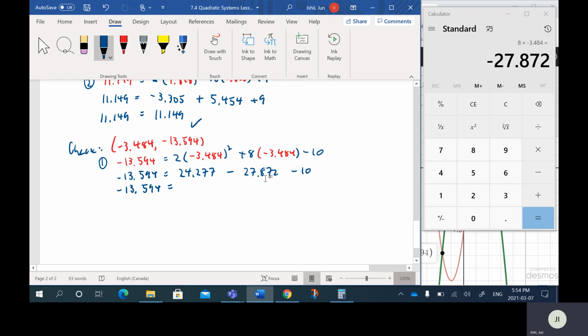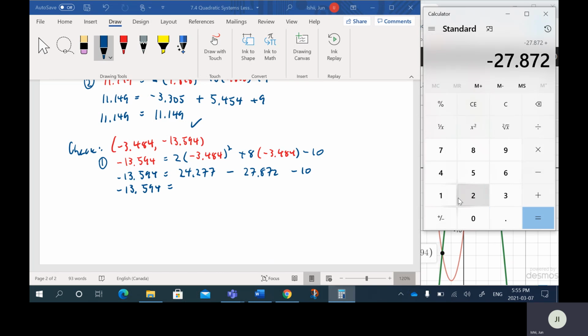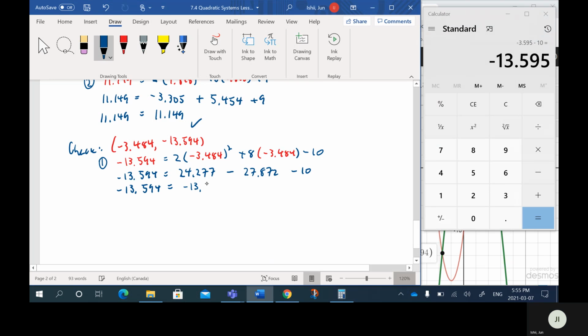So here I got a negative 27.872 plus 24.277 minus 10. All right, so we get negative 13.595, which we'll say is close enough. Right? It's only off by 1/1000th, which is actually pretty good.